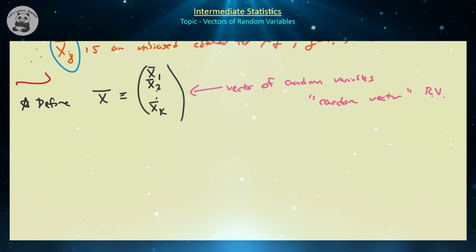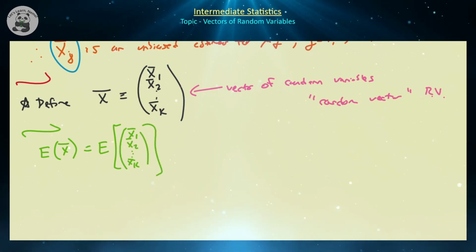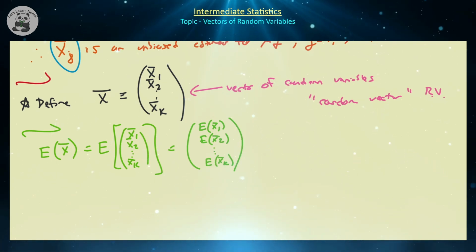So now the bigger question becomes, what is the expected value of a random vector? That's going to be the expected value of the vector x bar 1, x bar 2, all the way down to x bar k. This is defined to be equal to the expected value of the elements of that random vector: the expected value of x bar 1, the expected value of x bar 2, all the way down to the expected value of x bar k.